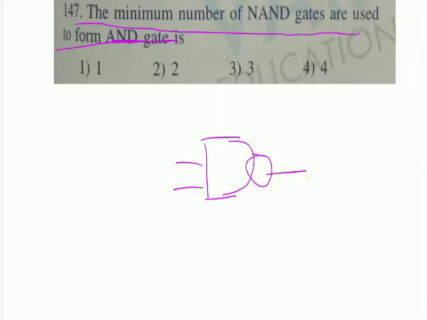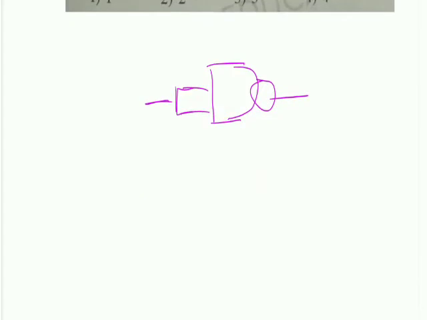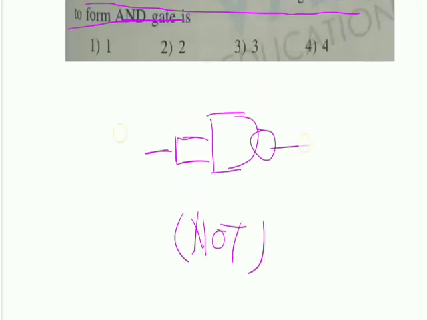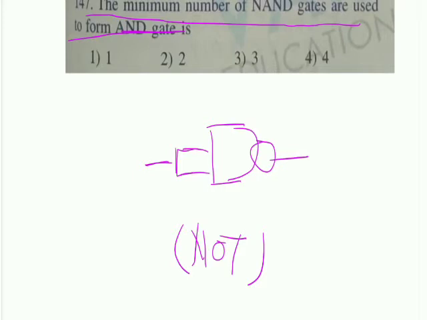If this one is a NAND gate, connecting two inputs on one side, it acts as a NOT gate, nothing but a NOT gate. And this is another NAND gate.